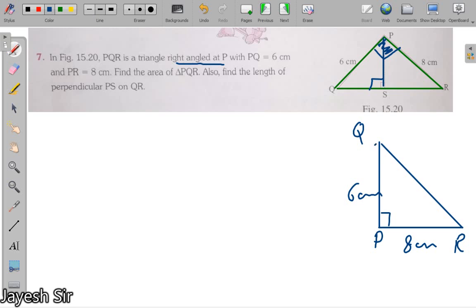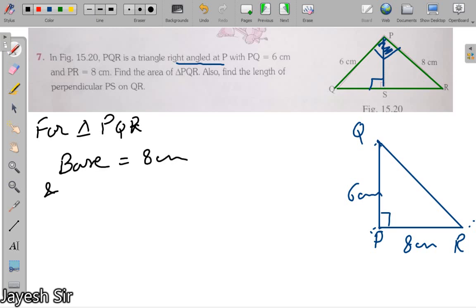Now here PQ will be considered as the height and PR will be considered as the base. Or you can do it reverse, that PR be the height and PQ be the base. Both are equivalent. So for triangle PQR, base is 8 centimeter and height is equals to 6 centimeter.